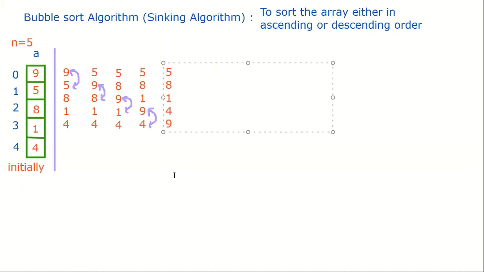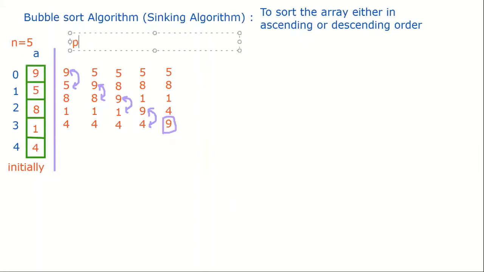At the end of the first iteration or pass, it is evident that 9, the largest element, has occupied its position. So next time comparison should not be done with the last element, to save the number of comparison iterations. Note here, this is pass 1 and the number of comparisons made is 4.